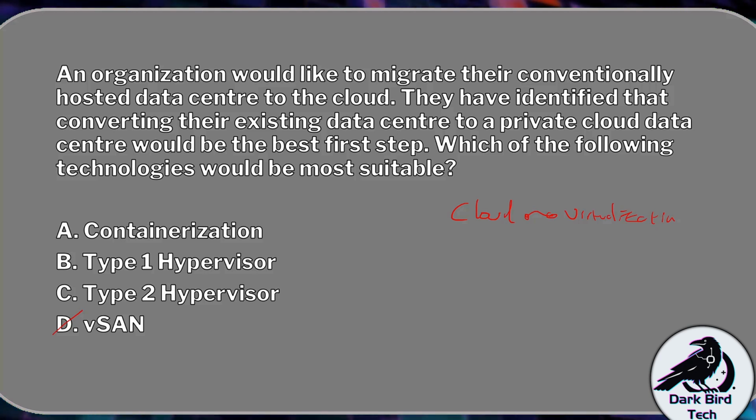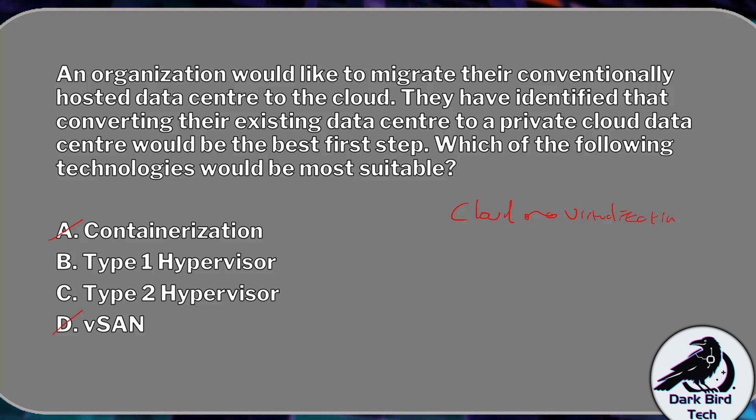Containerization, that is great if I want to isolate just applications. But I've got a funny feeling they're going to be doing a lot more than just running individual applications in their data center. So virtualization is probably going to be the best way to take their existing data center and make it a private cloud data center, so they can more efficiently use their CPU, memory, storage, networking resources by having VMs that can be shut down, started up, and have resources adjusted based on demand and need.